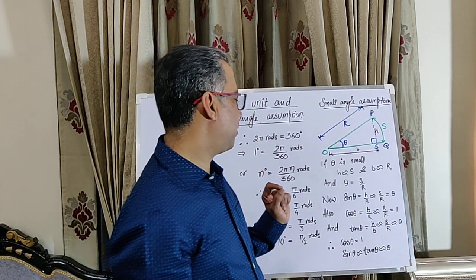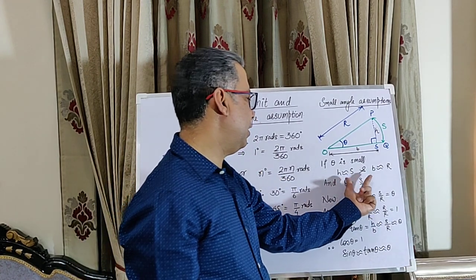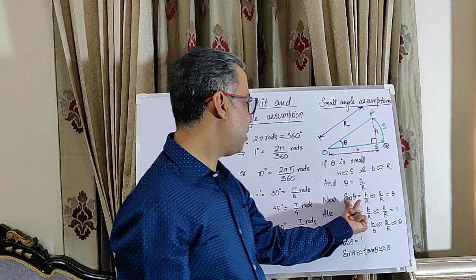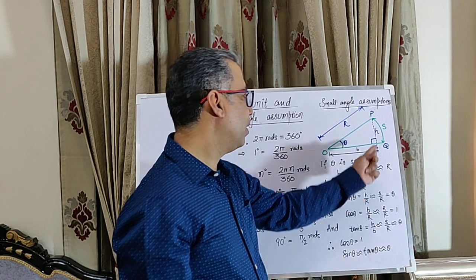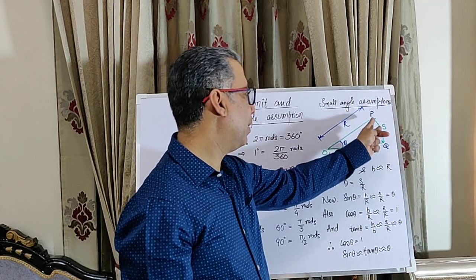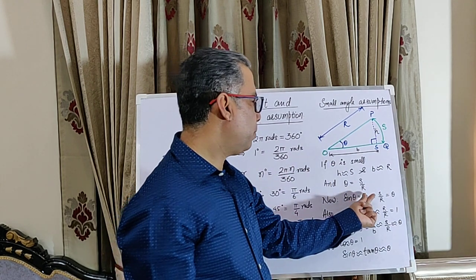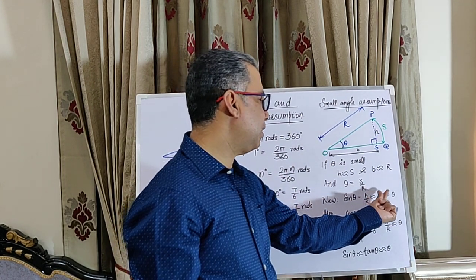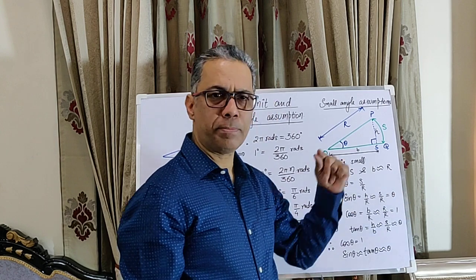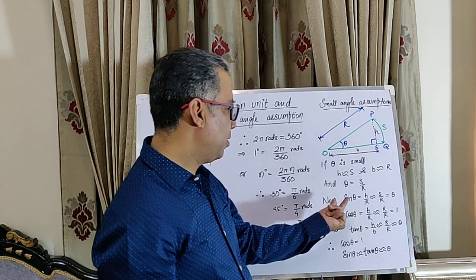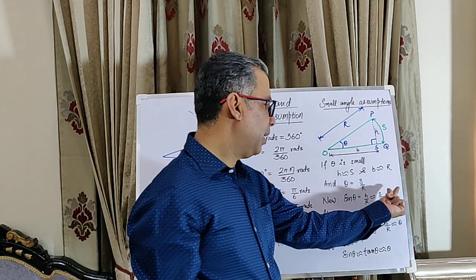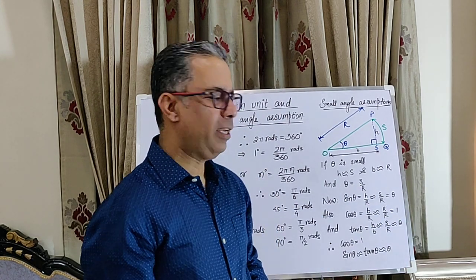In these circumstances, of course we know theta is S by R. Sine theta would be H by R, and H by R would be approximately S by R, which is approximately equal to theta. So sine theta now approximately equals theta.